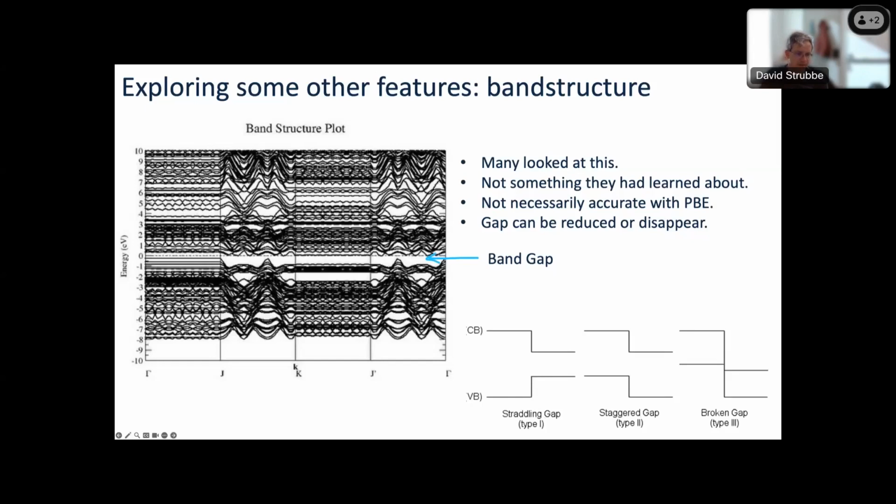It's hard to tell what's on one material versus the other in this plot, but you can see whether it's type 1 or 2 where there still is a gap, versus in some cases you actually get this type 3 case where the band offsets are so large between the two materials that you end up getting something metallic, in which case you would, in general, have much less of this quantum confinement behavior.